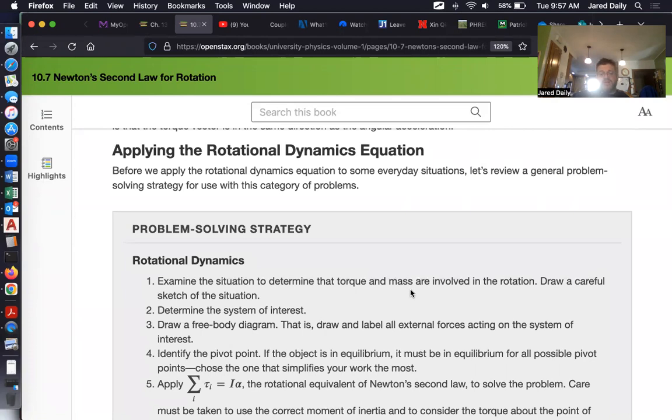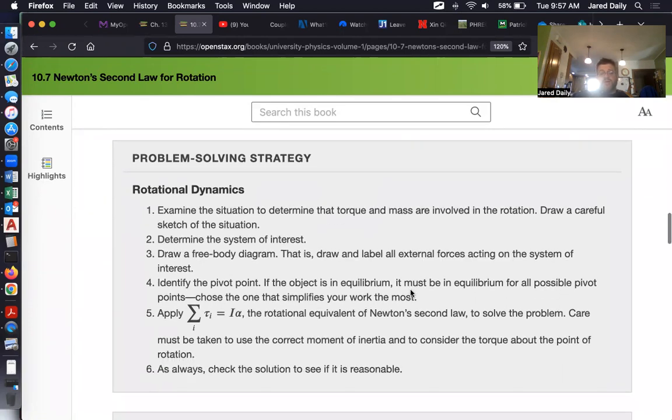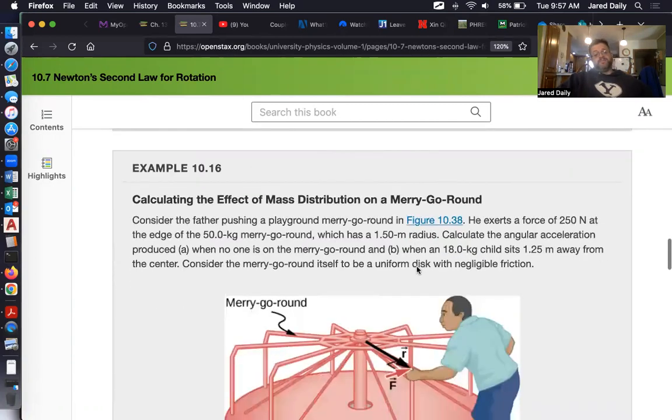So if we're dealing with forces now and rotation and acceleration, then we want to be able to write down all of our forces, make sure that we have all the angles correctly. Then we need to calculate all our torques relative to some point, and then we can set that equal to I times alpha, the moment of inertia of the total system times the angular acceleration of the total system.